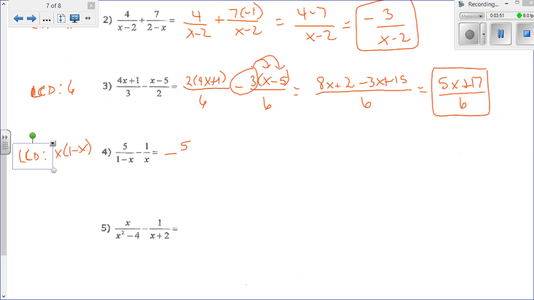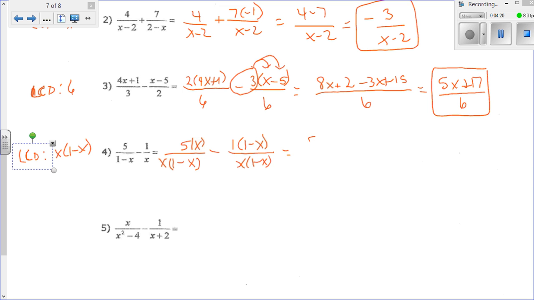So I have a 5 over 1 minus x, and I need to multiply top and bottom both by x, so the denominator is x times 1 minus x. Well, the second fraction was missing a 1 minus x, so I must multiply the top by 1 minus x. Whatever I multiply the denominator by to get the LCD is what I must also multiply the numerator by.